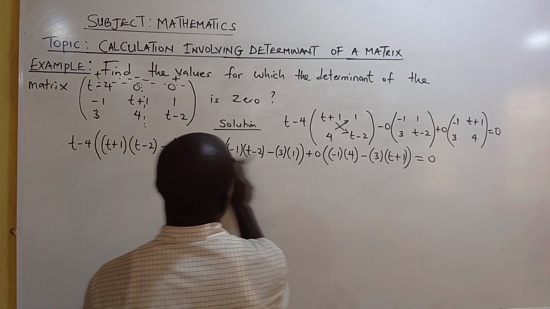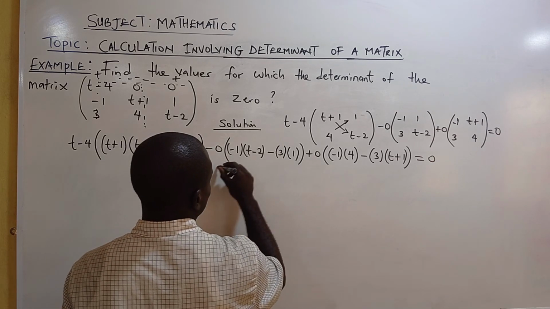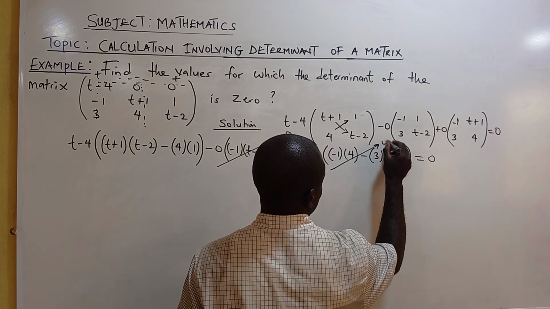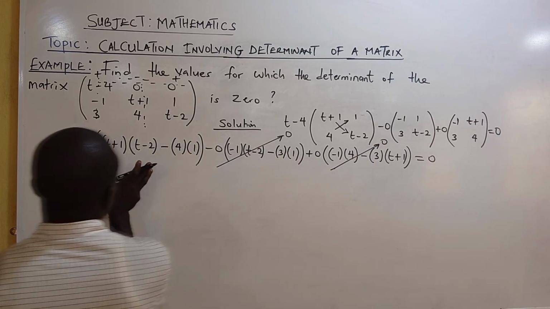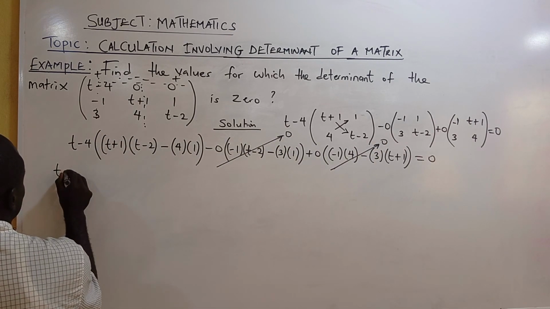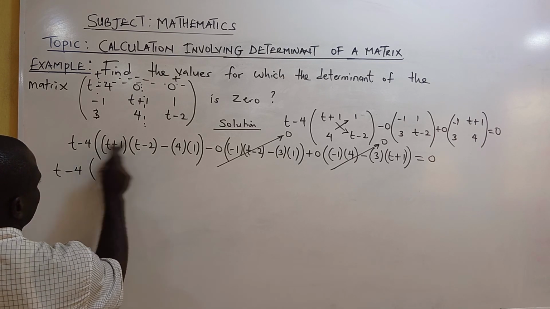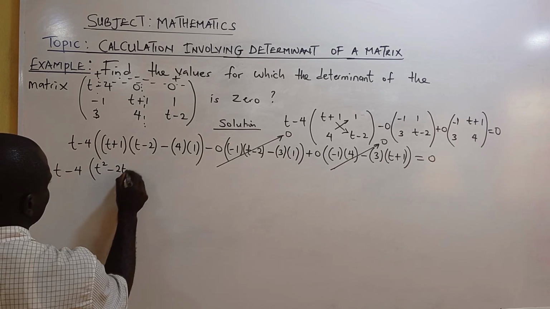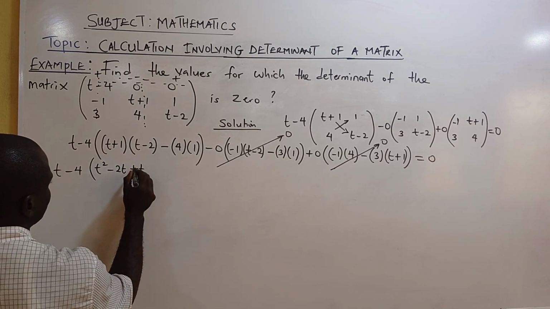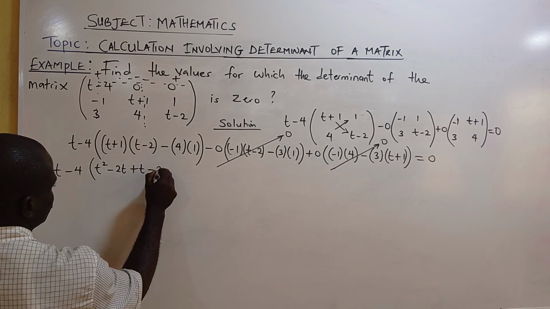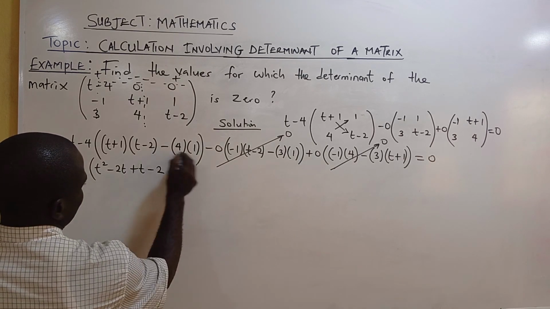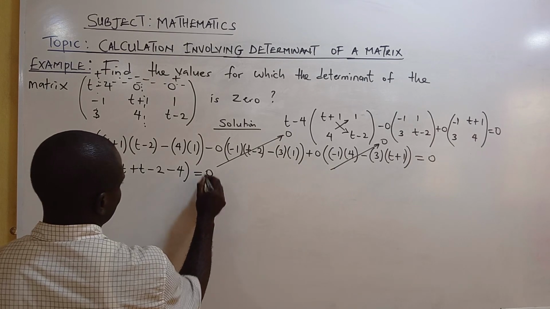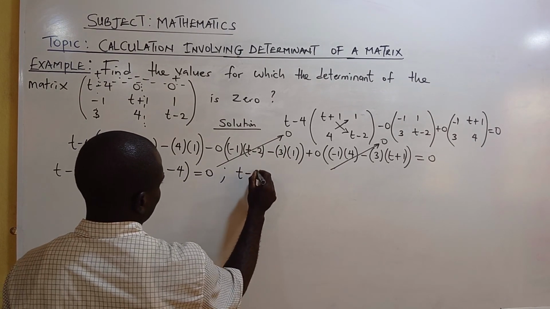Don't forget, because we are using 0 to multiply everything here, it will turn everything here to 0. You are left with t minus 4, open bracket, t times t is t squared, t times minus 2 is minus 2t, plus 1 times t, plus t, 1 times minus 2, minus 4 times 1, that's minus 4, equals 0.